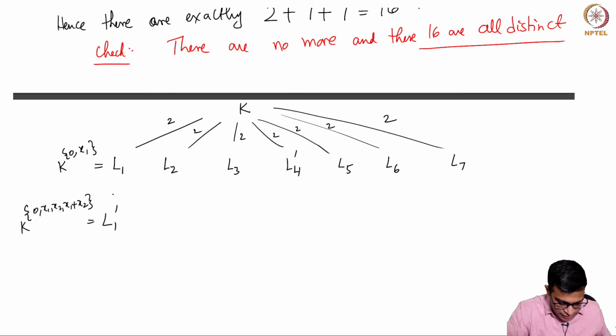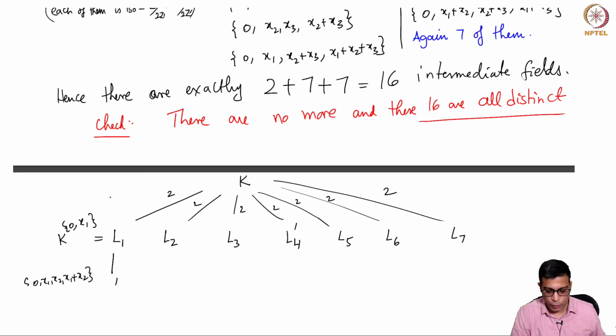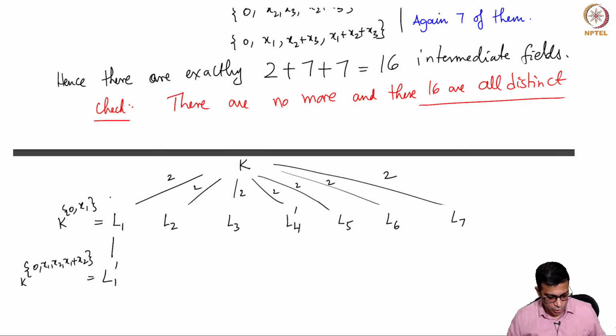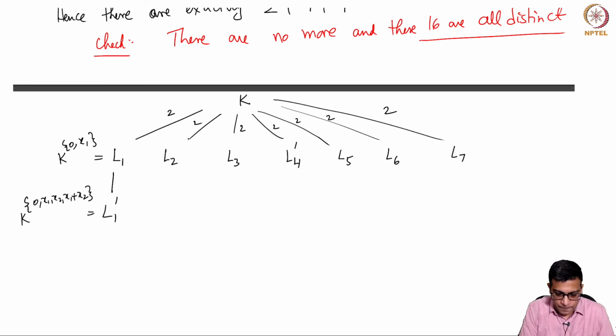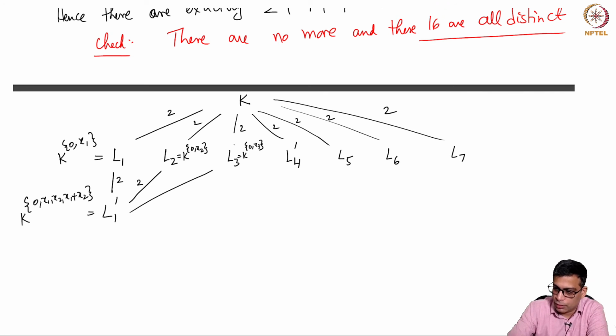Okay, so this will be contained in L1, and now depending on what L2 and L3 are, but let's say L2 is the fixed field of, so I am going to squeeze this here, 0 x2, and this is the fixed field of 0 x3. So there will be an inclusion here and it will be degree 2, but there is nothing here, right?